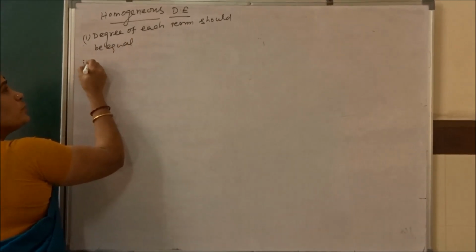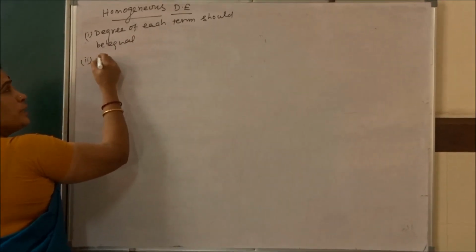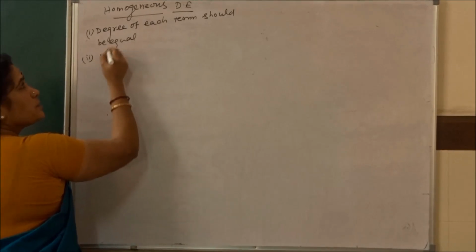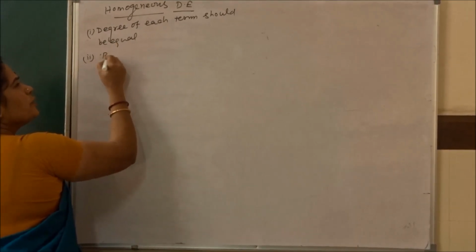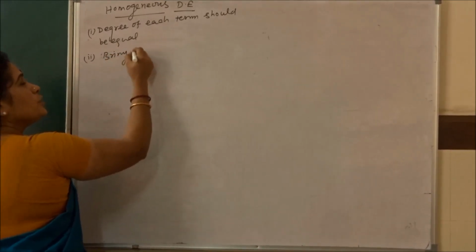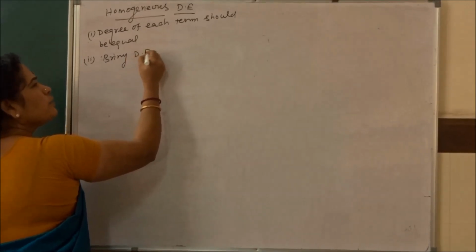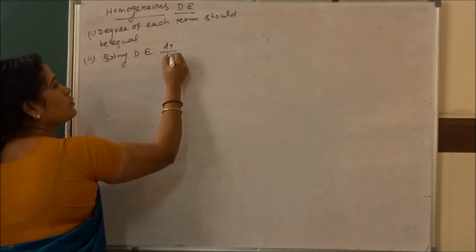Step number 2: collect dy by dx on one side, that is, change the differential equation and bring it to the form dy by dx is equal to something.